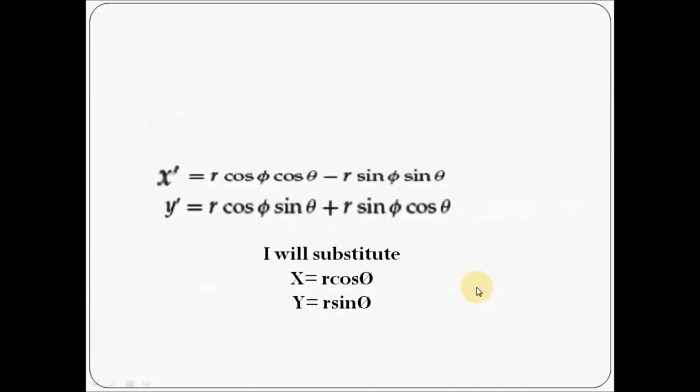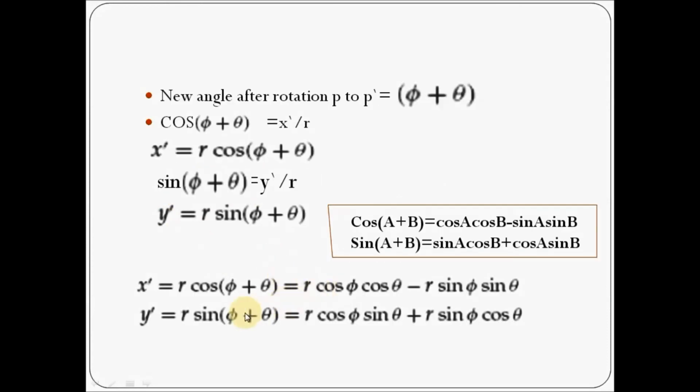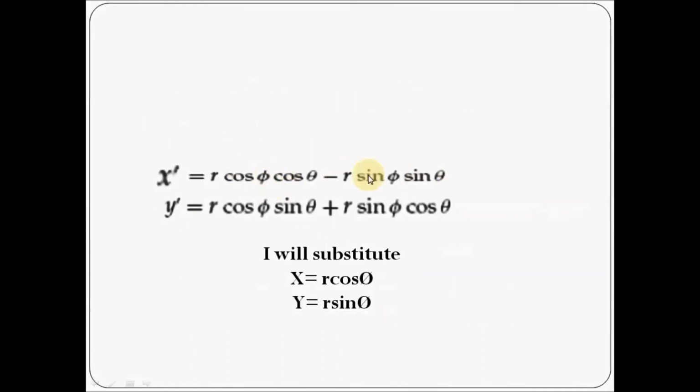x dash is equal to r cos phi cos theta minus r sin phi sin theta. y dash is equal to r cos phi sin theta plus r sin phi cos theta. Don't get confused.